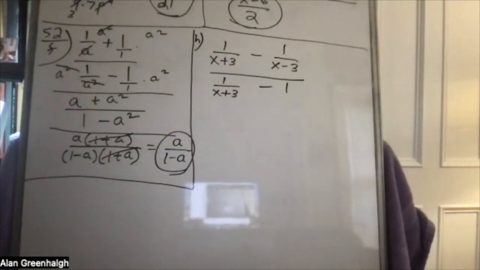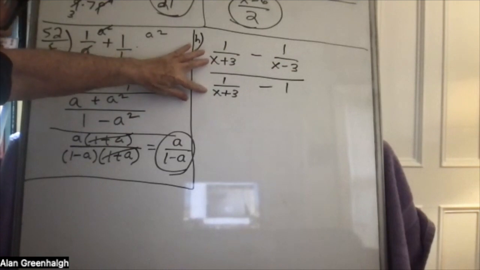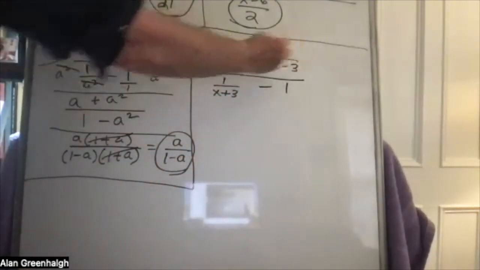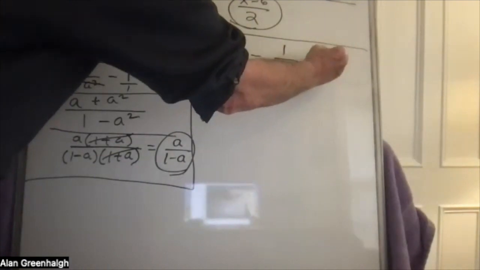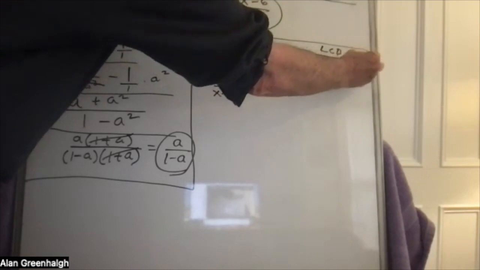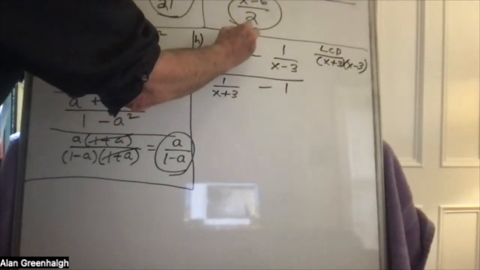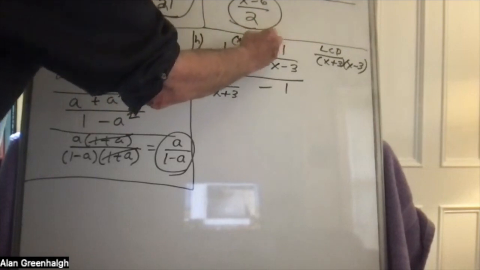Okay, so we need to multiply by the least common multiple, which will be a combination of all of these denominators. The LCD in this case is x plus 3 times x minus 3. Every term gets multiplied by x plus 3, x minus 3.